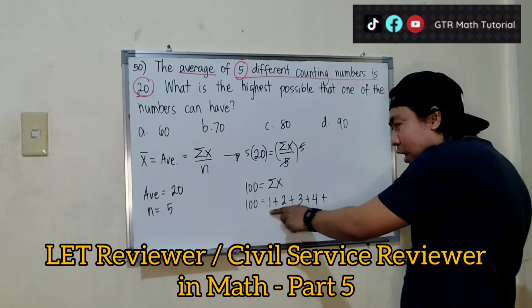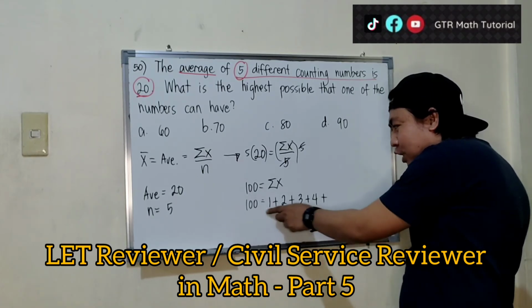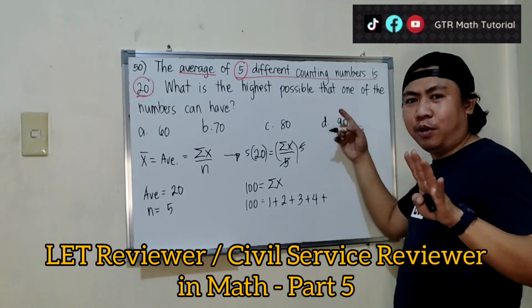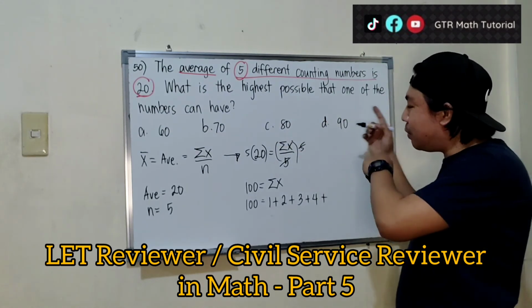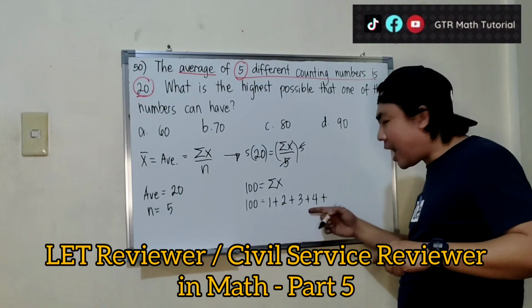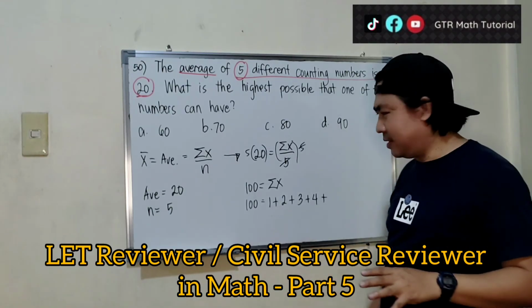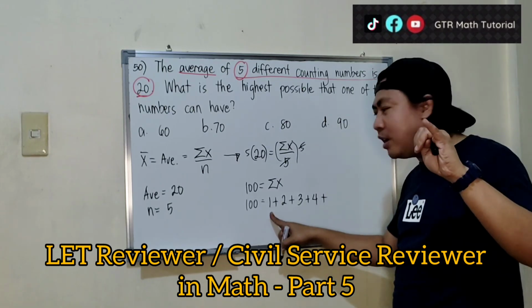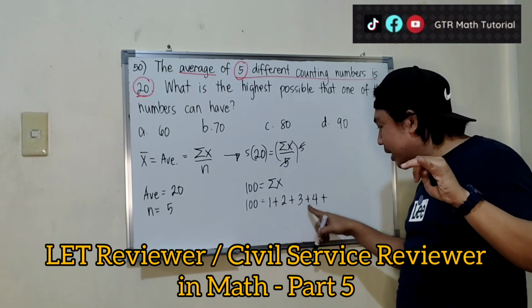Para makuha yung highest possible, kailangan ang i-assign natin dun sa 4 yung lowest. So, pinakamababa na pwede ay 1, sumunod ay 2, 3, 4.